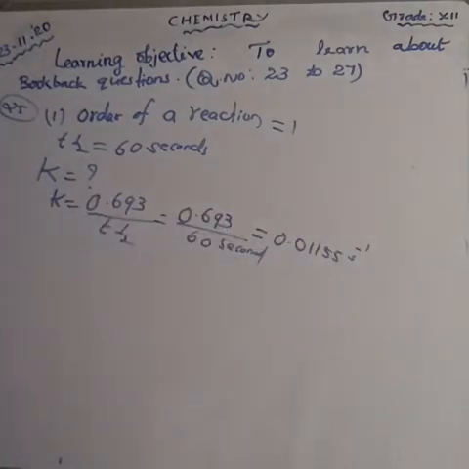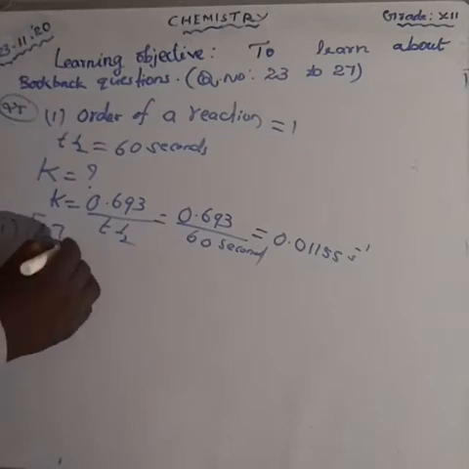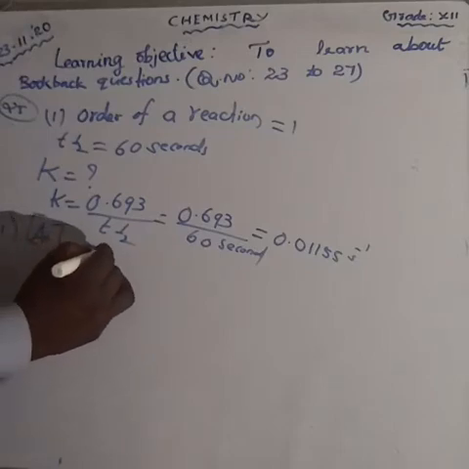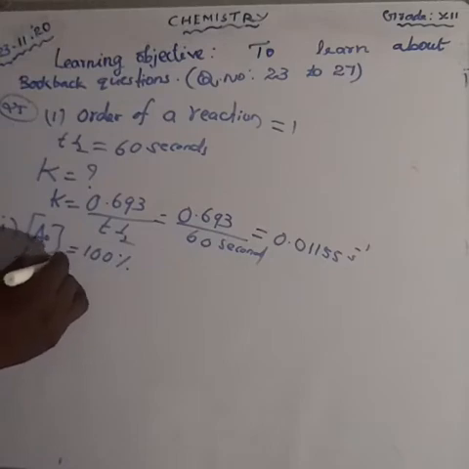This is the value of K. Okay? So next step is to calculate A. Here A naught is equal to 100%, as per the question. And T is equal to 180 seconds.